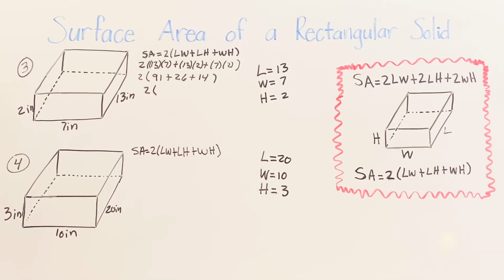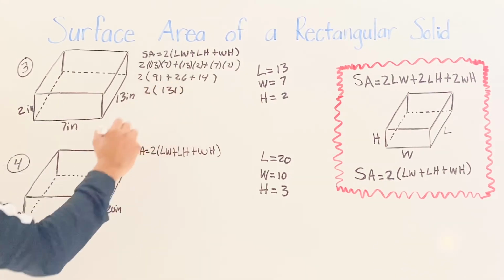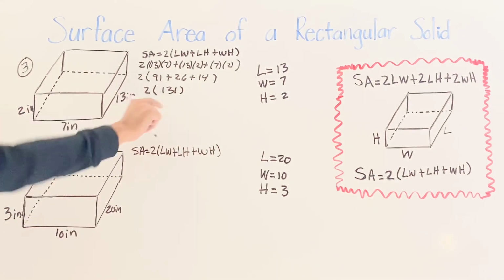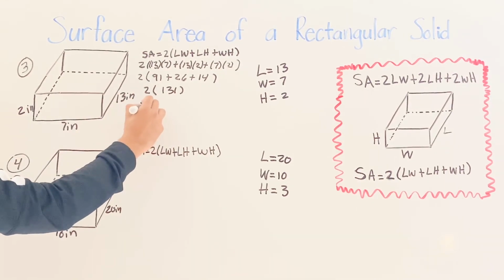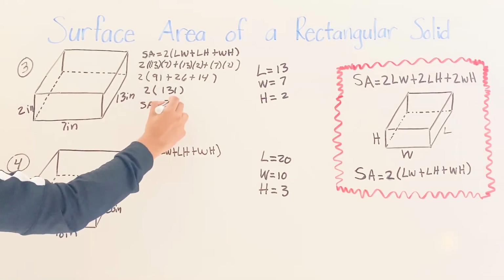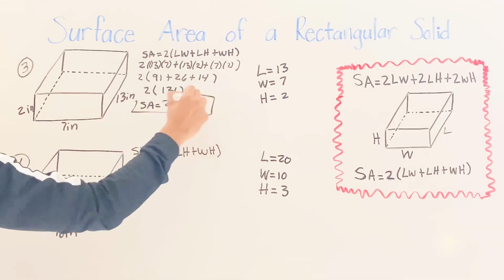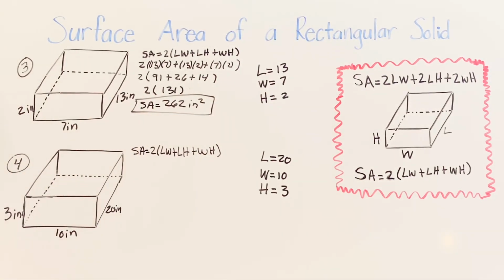And when I add all that, it's going to give me 131. Then I'm just going to multiply 2 times 131. And that's what's going to give me my surface area, which is going to be 262 inches squared.